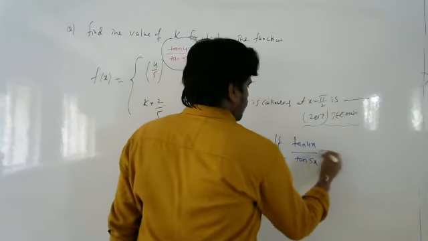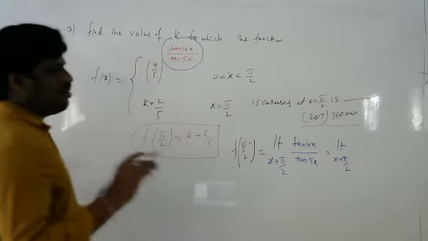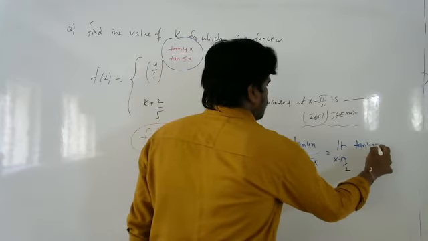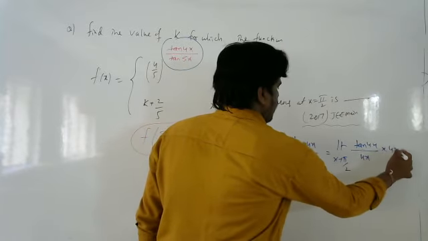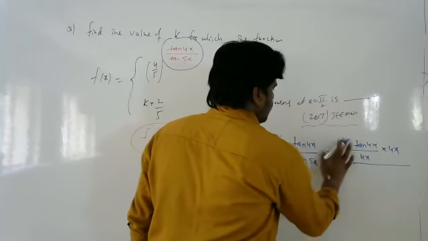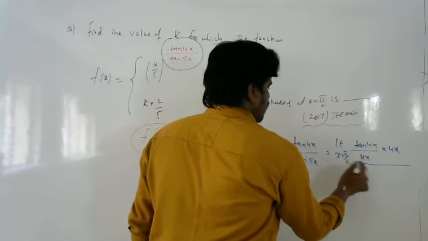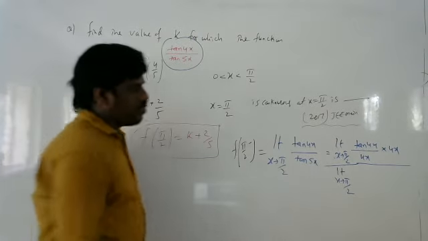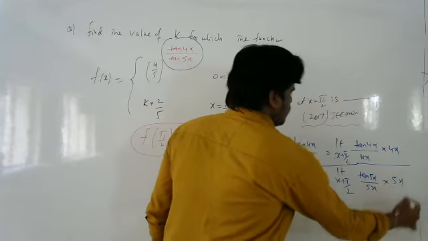So I can write the limit as x tends to pi by 2. The limit of the function is equal to the value of the function, that's what I am trying. Tan 4x by tan 5x: to balance, I multiply and divide by 4x, and separate the limits. Limit as x tends to pi by 2 of tan 4x by 4x into 4x, and similarly tan 5x by 5x into 5x.